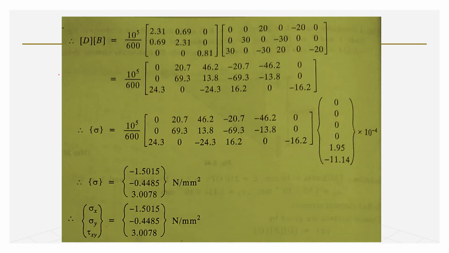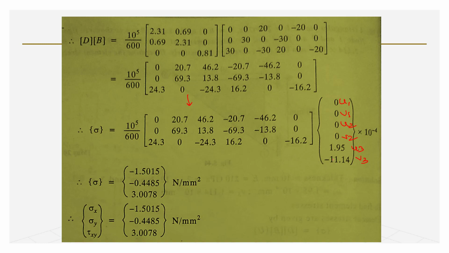Then if we multiply D matrix and B matrix, we'll get this, and we'll multiply it with u1 v1 u2 v2. All these 4 values are 0, because this is a fixed end. u3 and v3 values are given, so we are going to put them in.